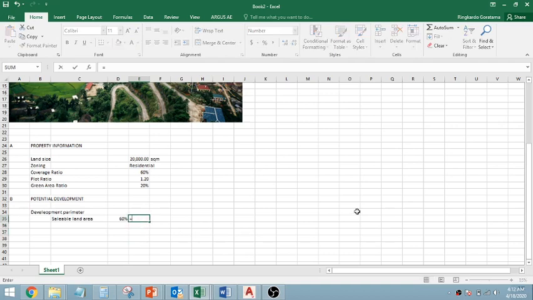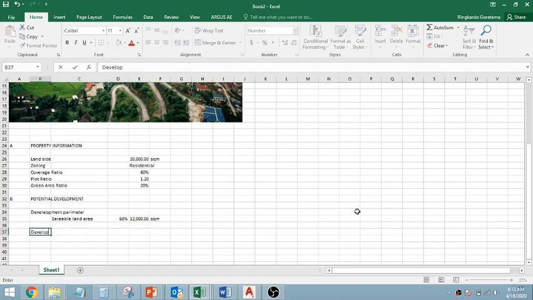So 60% multiplied by 2 hectares, it's 12,000 square meter. This is the sellable land area that we can assume will be developed as residential houses.